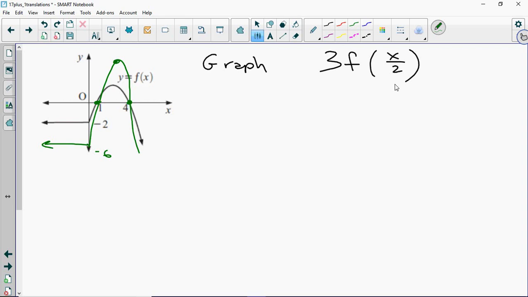So now I need to take everything I just did and move it all so that it's 2 times as far away from the y-axis as it currently is. Okay? This line kind of goes on forever in that direction. I don't really need to change anything there because this point is at x equals 0, multiplied by 2, it's still 0.